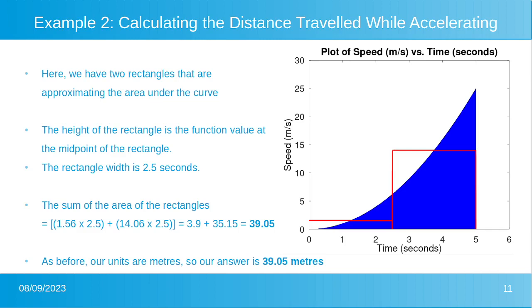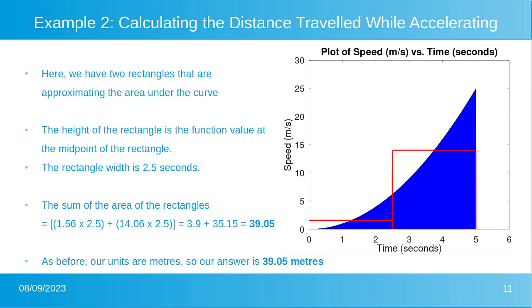So what we want to do is calculate the sum of the area of the rectangles. For each rectangle, we multiply the height by the width, and then we add the area of each rectangle.